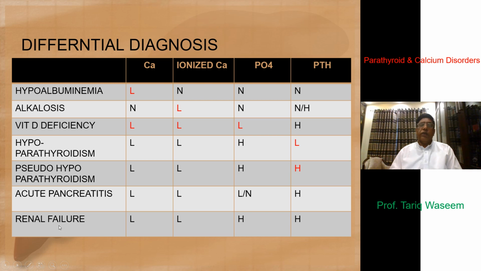And in renal failure, since the kidney has a major role in reabsorption of calcium, excretion of phosphate, and activation of vitamin D to 1,25 hydroxyvitamin D, this would result in a low calcium, low ionized calcium, but a high phosphate and high parathormone level.